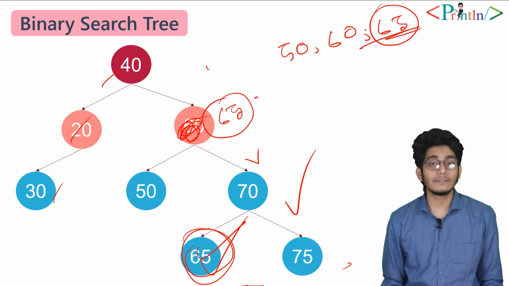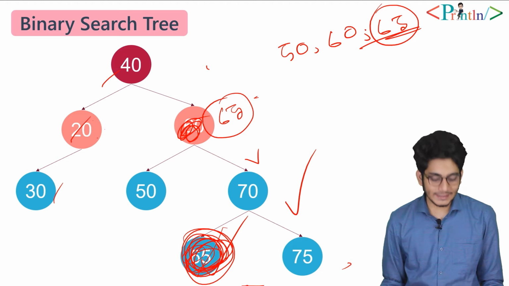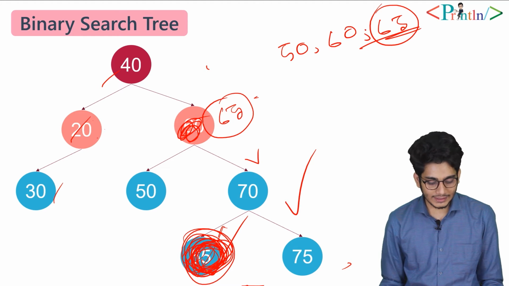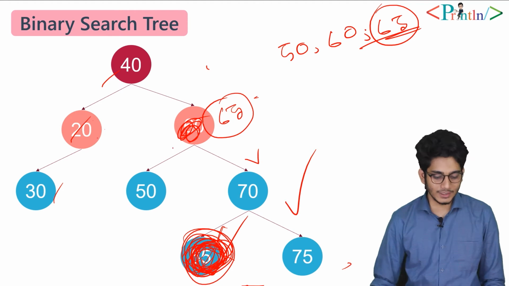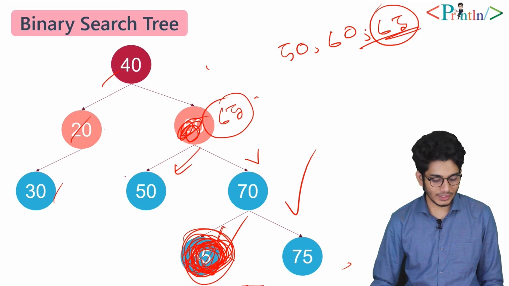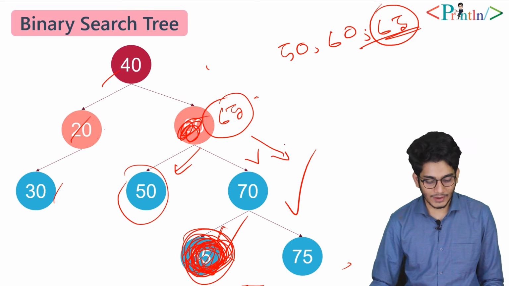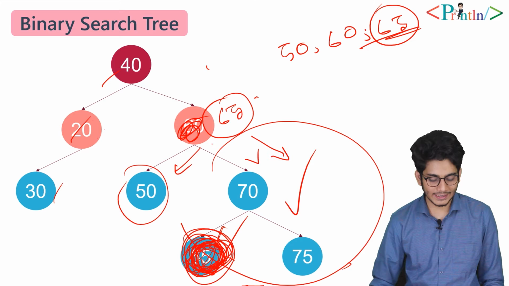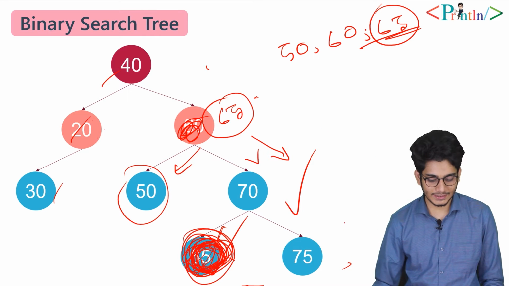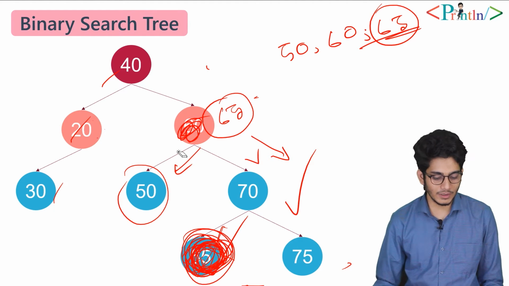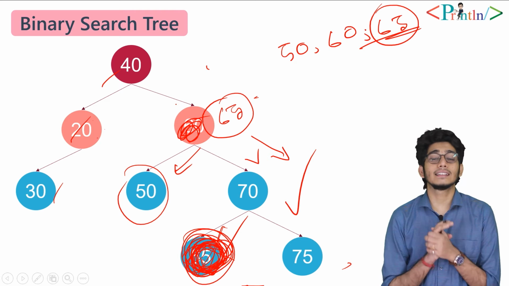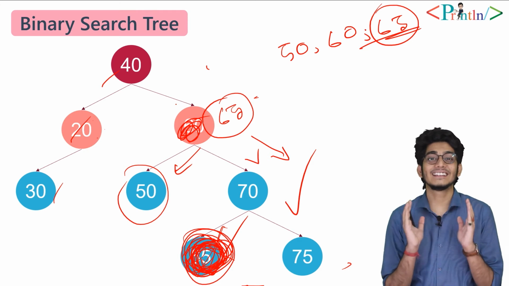We'll find 65 and deallocate the memory of 65. You can see that we haven't violated the property of BST. The left of the root node is less than 65 and the right of the root node is greater than 65, right? 70 is greater than 65, 75 is greater than 65. So we are not violating the property of the binary search tree.